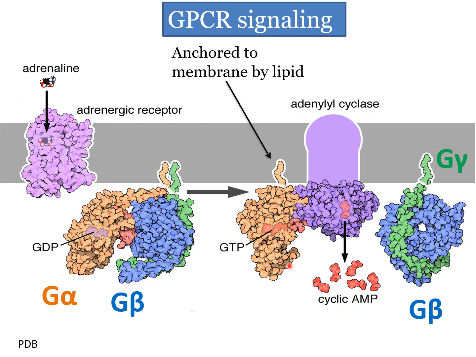Eventually, the GTP in the active alpha subunit will break down into GDP, and the G protein will then reform in its inactive resting state, ready for the next cycle of signal transduction. Now, one major advantage of this approach is that it allows the signal to be amplified. This is very important.